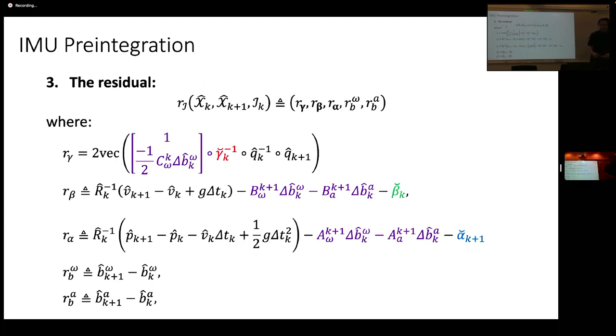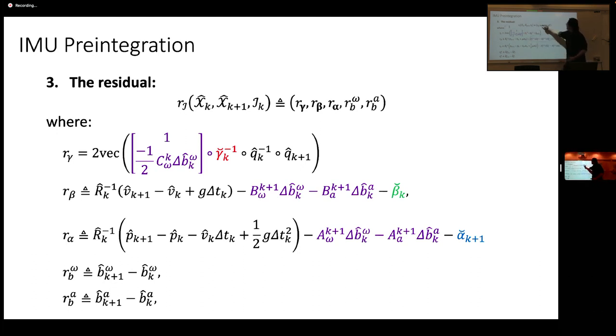Yeah, so the residual is basically just, now I said you already get a model, right? What do you do with the model? You ignore the noise, you plug in your estimates, and then you take the difference between your measurement and your model. This is what I mentioned just now.